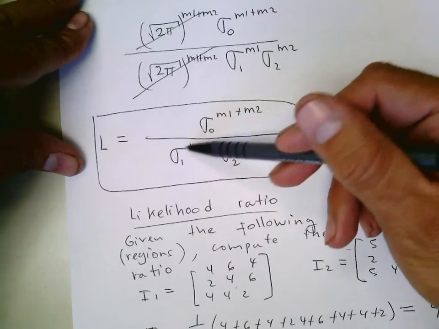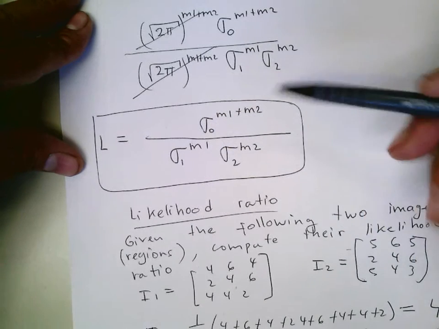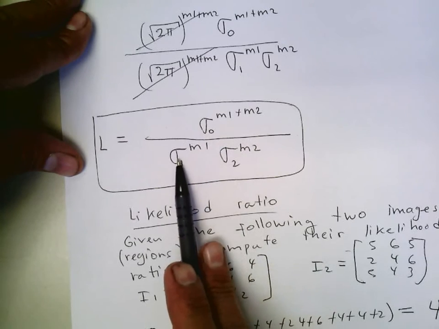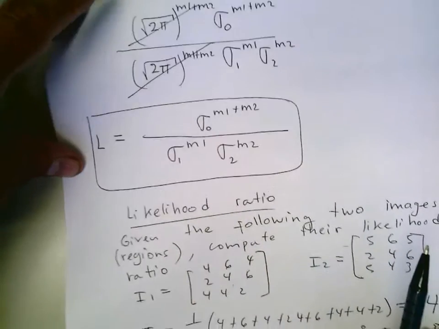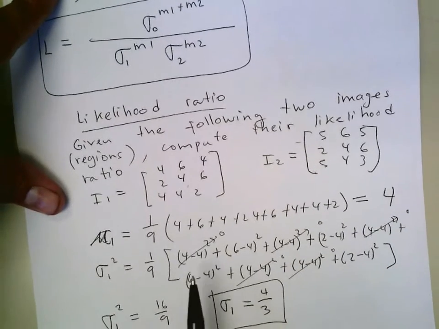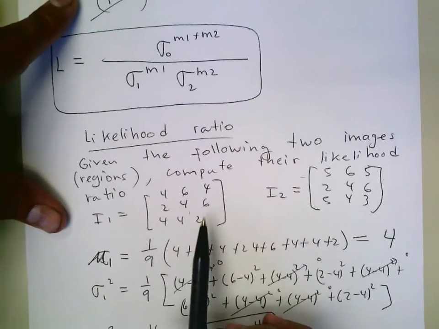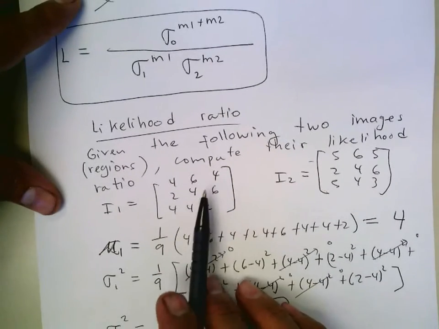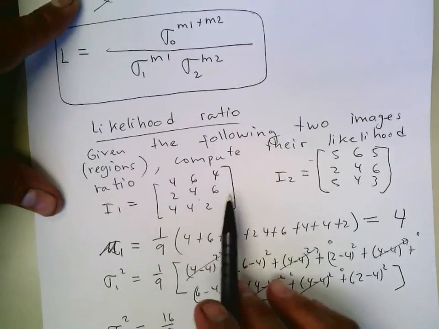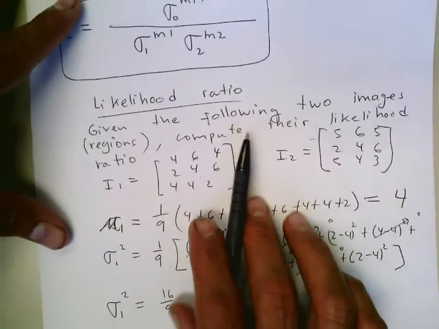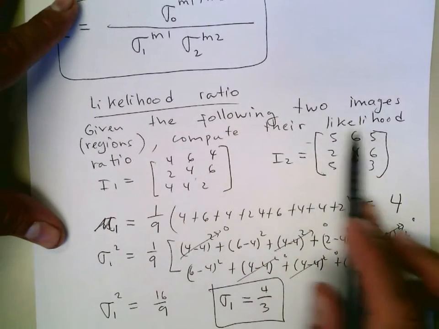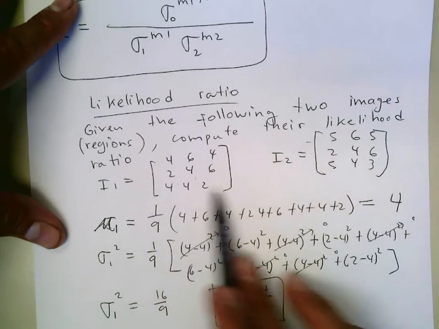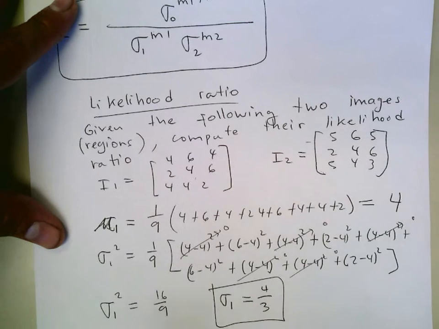We are basically computing three standard deviations: the standard deviation of combining all regions, and the standard deviation of each one of the images. For example, for sigma sub 0, in this example I had two images, and I combine these 9 numbers and these 9 numbers into 18 numbers.